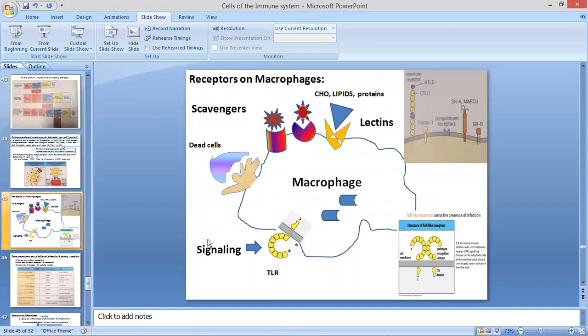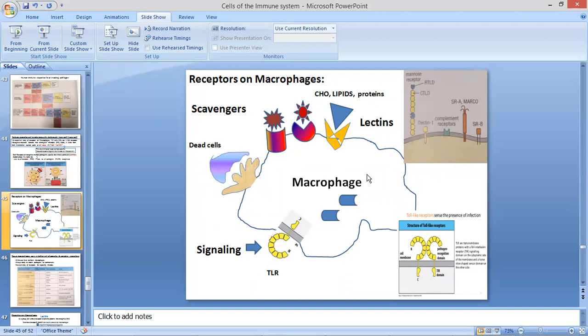And there are receptors for signaling of infections and to start the process of inflammation. And there are receptors for antibodies, there are receptors for complements. All these receptors are present on the surface of macrophages.